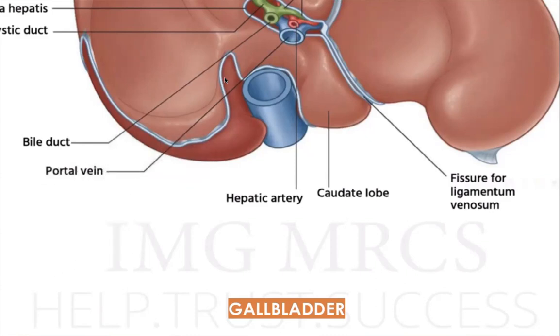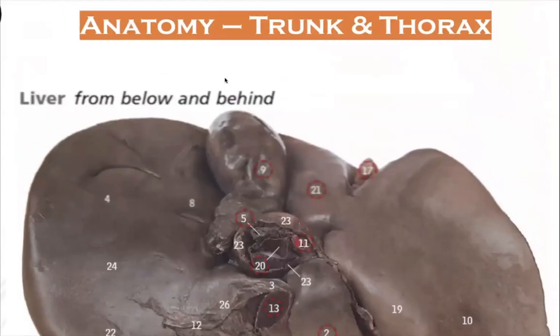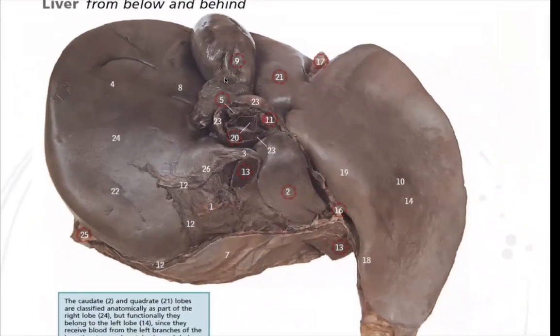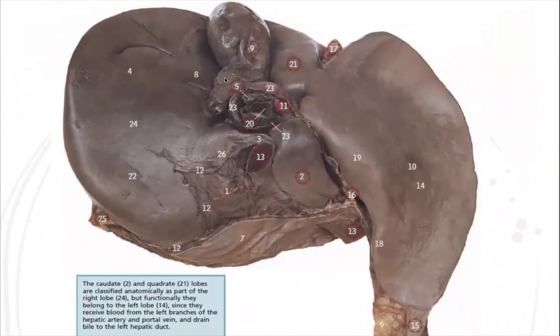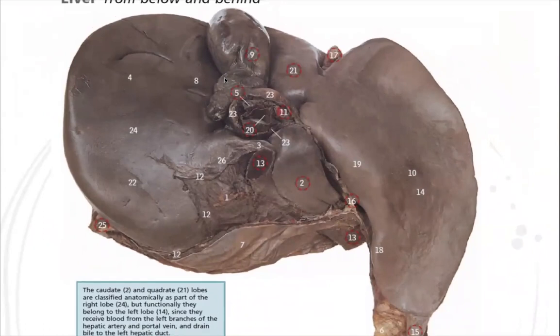Among all of those things, the most important thing is you need to identify this picture. This is the most important thing that you have to identify, and you have to know this by heart. Let's first start with the gallbladder itself, and I will tell you why. So this is your gallbladder, correct?